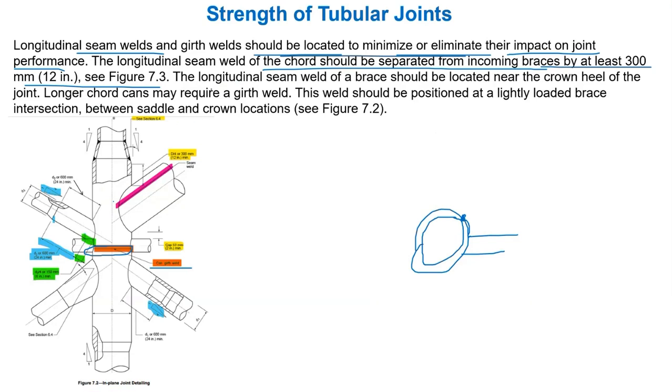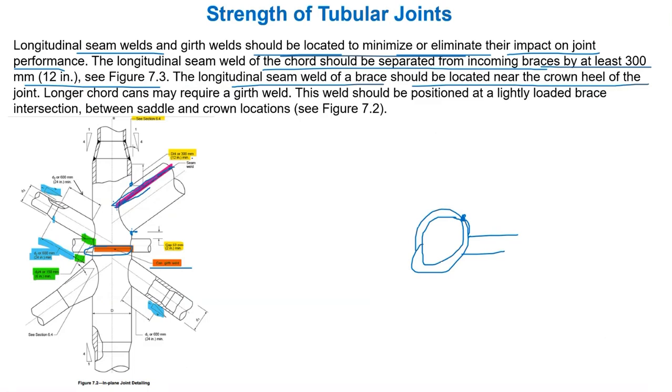The longitudinal seam weld of the brace should be located near the crown heel of the joint. This is the one we have seen, right? This is the saddle, this is the crown, this is the heel, this is the toe. So on the heel side, we need to put this longitudinal seam.